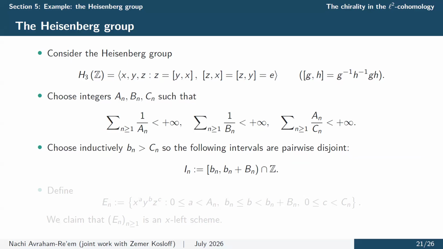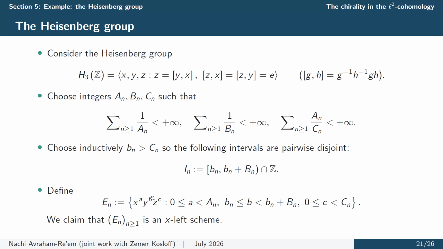Now I want to define the sets in the Heisenberg group that will demonstrate this asymmetry between left and right. So the definition is the following. A general element in the Heisenberg group can be presented as x^a y^b z^c with some integer powers a, b, and c. At level n, I want to limit the power a of x to be between 0 and A_n.